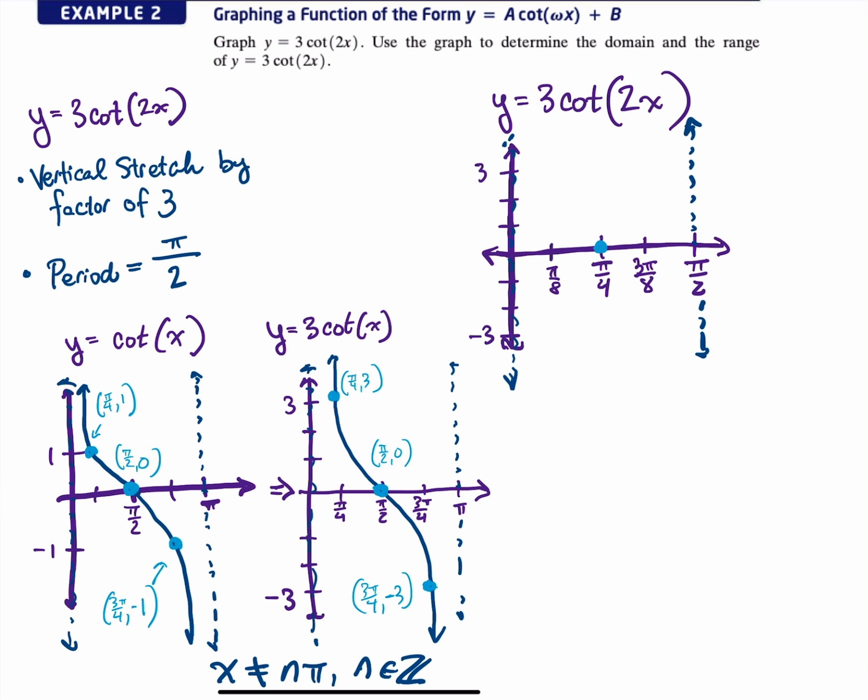Let's see if I can just erase that piece. Yeah, let's make this a little bit nicer. So I should start with a higher point at pi over 8, and then a lower point at 3 pi over 8. And then we get our curve in between.